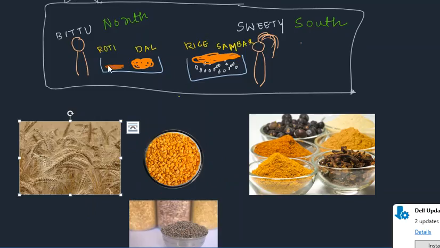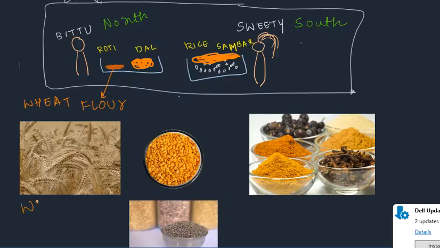You decided to look at what Bittu was eating. You'll find out that he was eating roti and dal. So you'll first take roti and you'll find that roti is made up of wheat flour. And from where does the wheat flour come? It comes from the wheat grass.